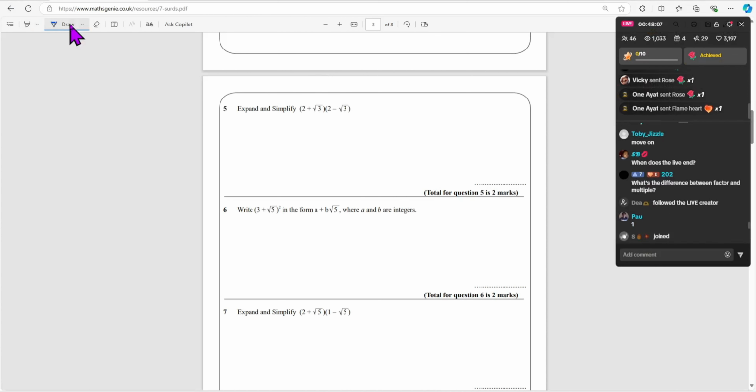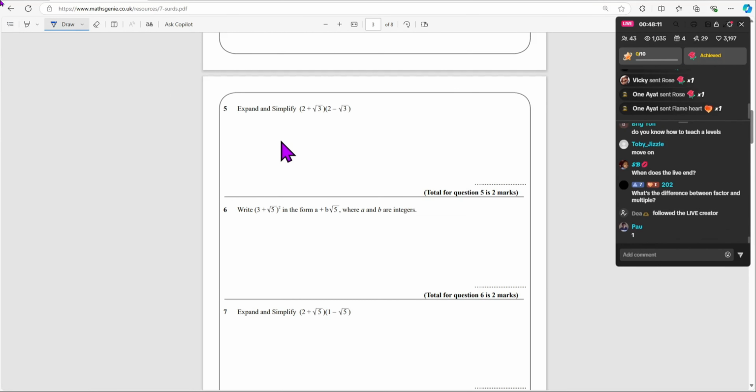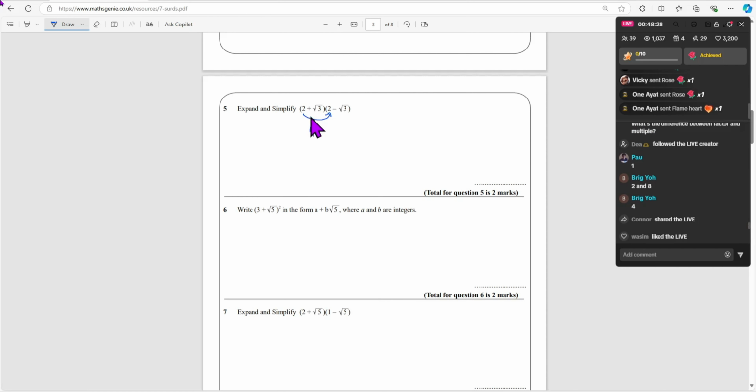Whenever we're expanding, we're going to do it like we usually do in algebra, okay? So we're going to do 2 times 2. What is 2 times 2? 2 times 2 is 4. Then we're going to do 2 times negative root 3.